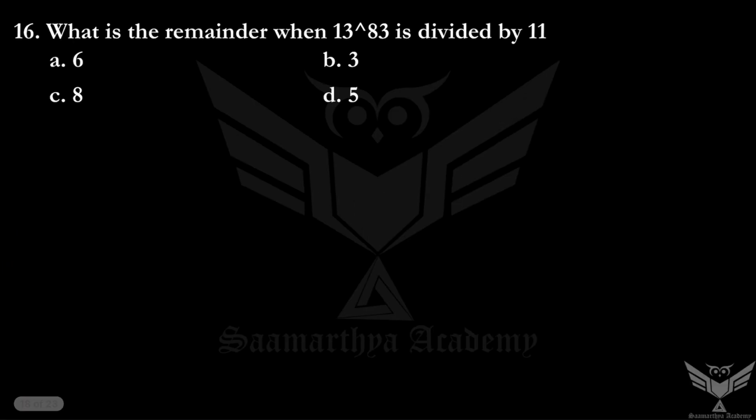Next, what is the remainder when 13 power 83 is divided by 11? Now the beauty of this question is this can be solved in 2 different ways. Now one is Fermat's theorem. Understand what is Fermat's theorem first.